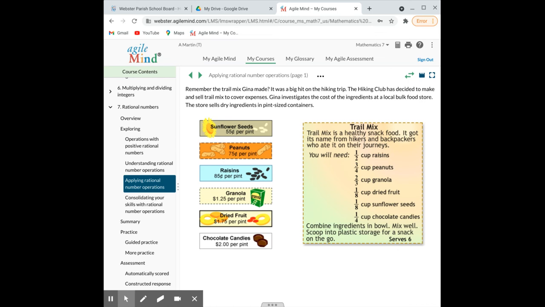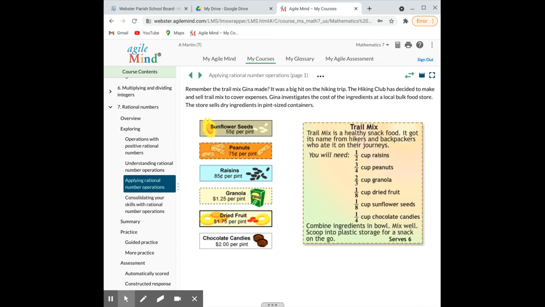All right. So looking at this, pints are normally used as a liquid measure, but deli items and bulk items are often sold in pints or half pints as well. We've already talked about liquid versus dry measurements. So the store here is selling these dry ingredients in pint-sized containers.